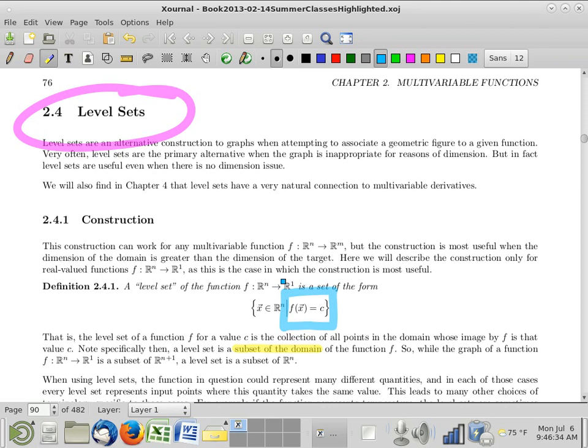So this equation is in a space where the axes, if you will, for this space are just the input variables. Said differently, this equation takes place in the domain. So the level sets that are described here are always in the domain. There's arguably something extremely natural about this.